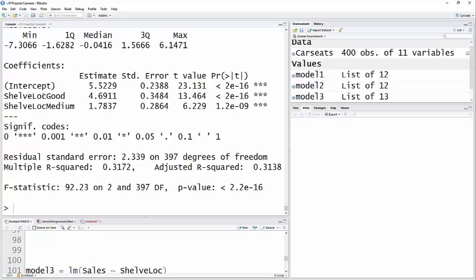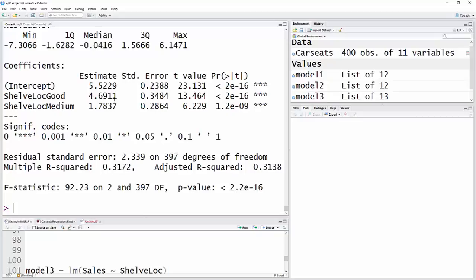Then for the good location, that would be the reference group 5.52 plus about 4.69. So whatever that is, a little over 10, so 10 in thousands, so 10,000 units when you have a good location. That's nearly doubling your sales when moving from the worst, the bad location, which is our reference group, up to a good location.